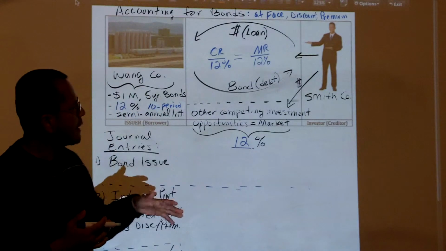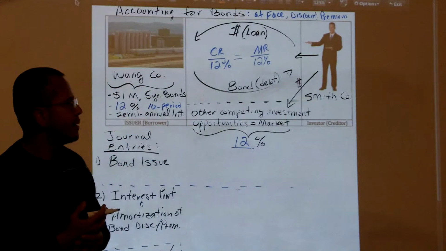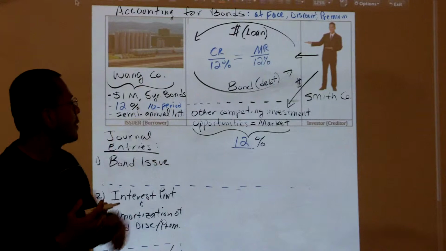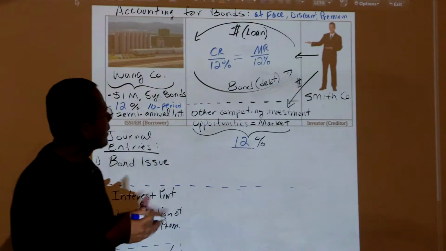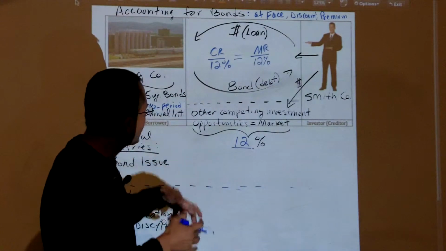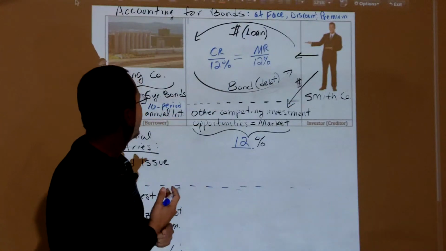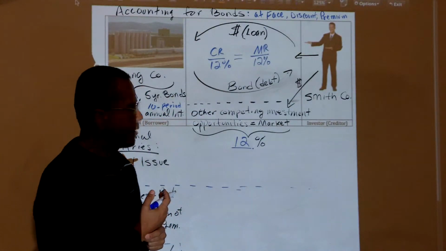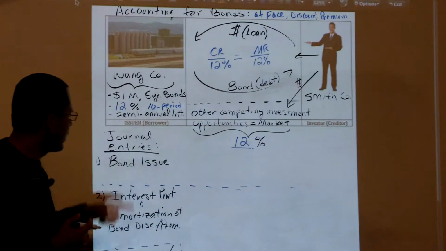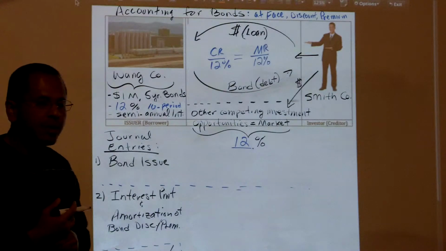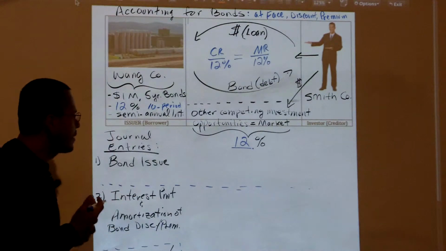So there's no discount and there's no premium here in this scenario. For that reason, we say that the issuance of these bonds at this point with these two rates is at face.